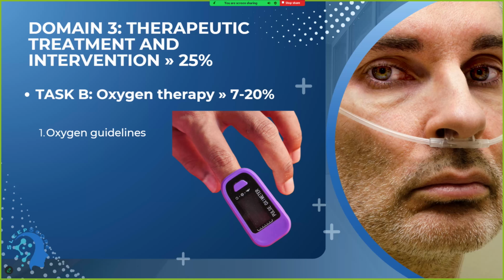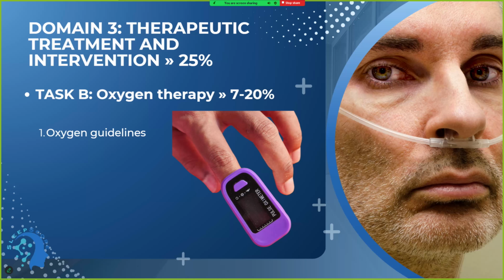We have to have a certain kind of knowledge about it, but most of the time every sleep lab has their own protocol, oxygen protocol. Every sleep lab has it. So we need to understand the protocol, what it says, like how much oxygen we have to give them.